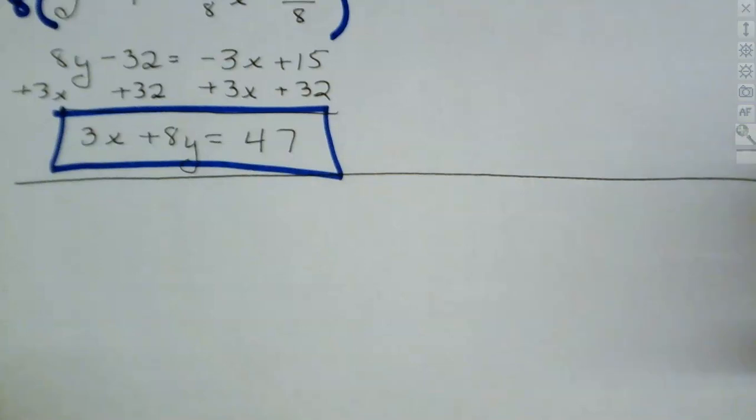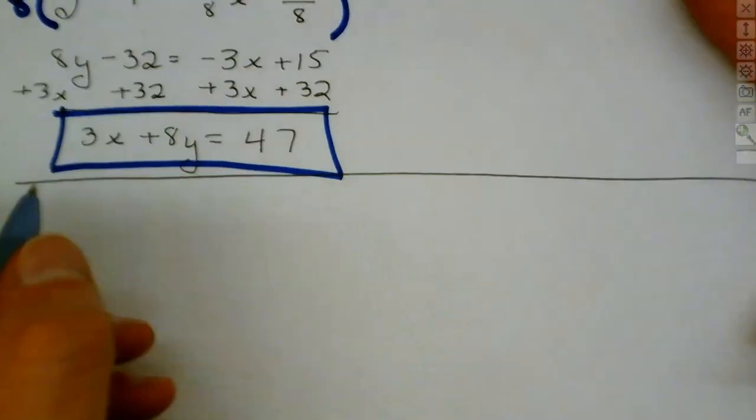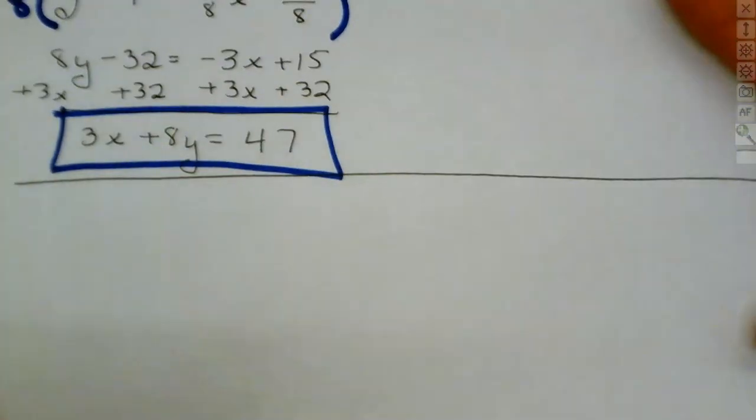How do we handle a line equation when we have a slope of 0? Let's try to write this one. This one we're going to, again, write in standard form. This one's going to have a slope of 0.